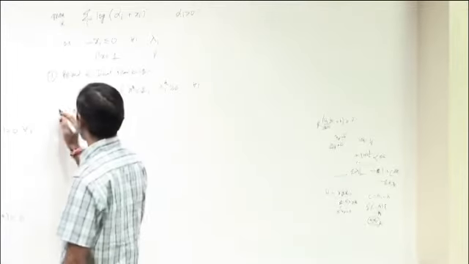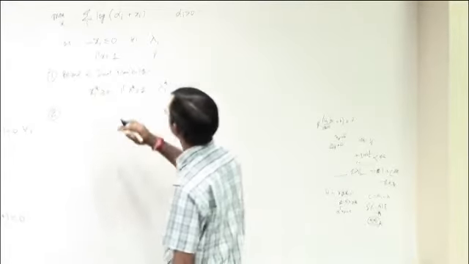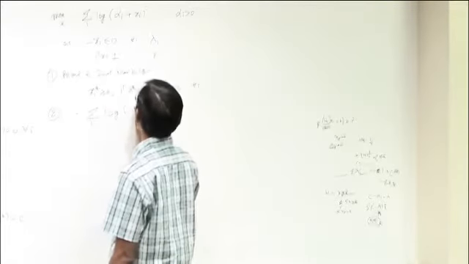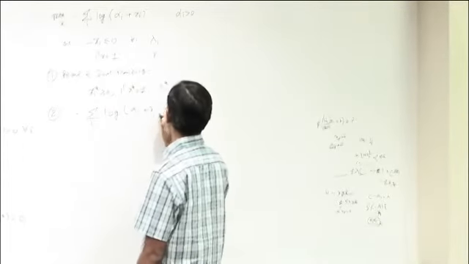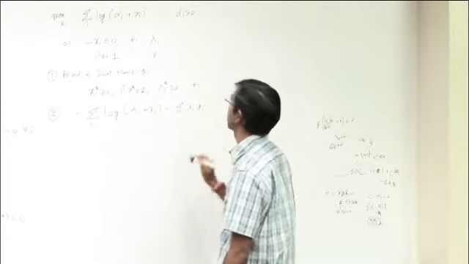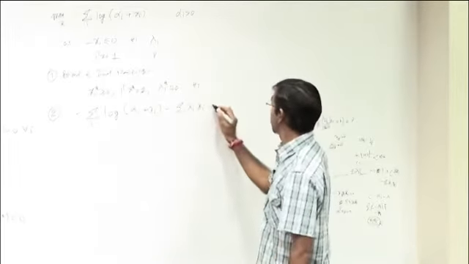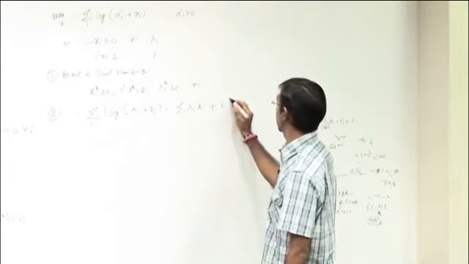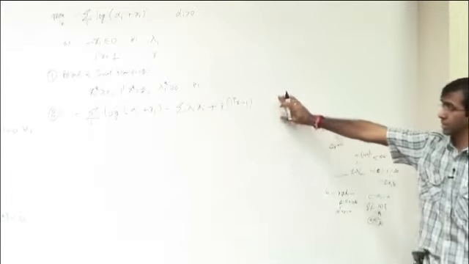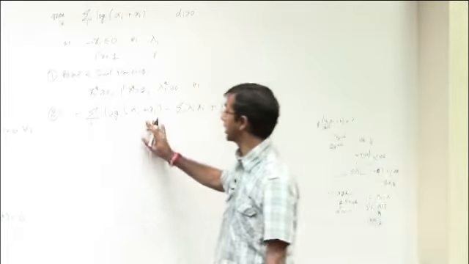Now I have to quickly form my Lagrangian. My Lagrangian is minus summation i log of alpha i plus x i, minus summation lambda i x i, plus nu times 1 transpose x minus 1. This is my Lagrangian, and I will take its derivative and set it to be 0.